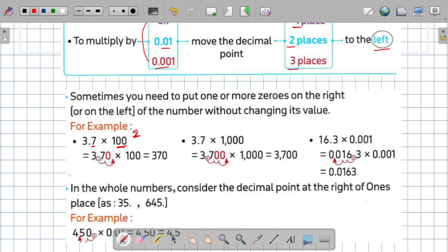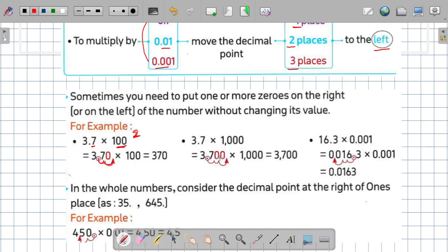So I will move the decimal point two places. So the result will be 370.